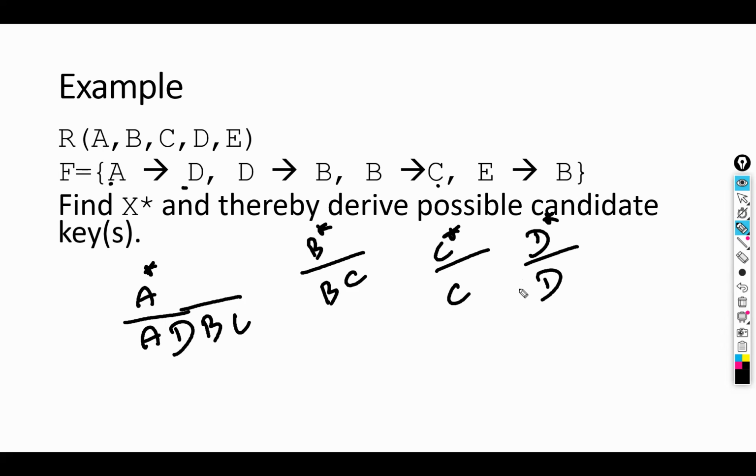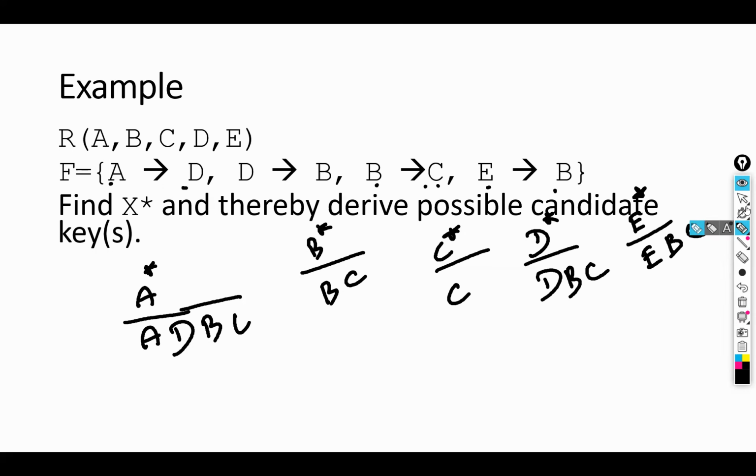D determines D, and also D determines B, and B determines C, and that's all. Final one, E closure. E determines E by reflexivity, and E determines B, and B determines C, and that's it. Okay. So these are the closures.